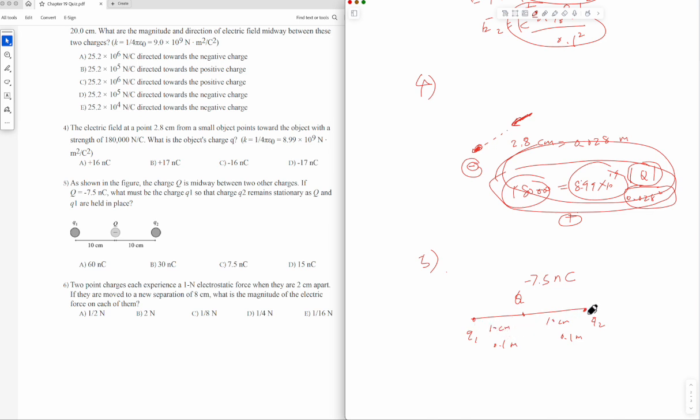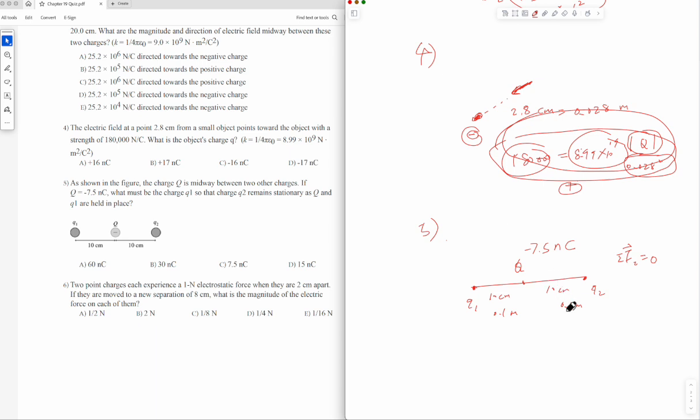Stationary means you put a charge Q2 here and Q2 will not move anywhere, which means the force on Q2 is 0. So talk about net force. The net force is due to Q1 on Q2 and capital Q on Q2. Look for the net force equal to 0.